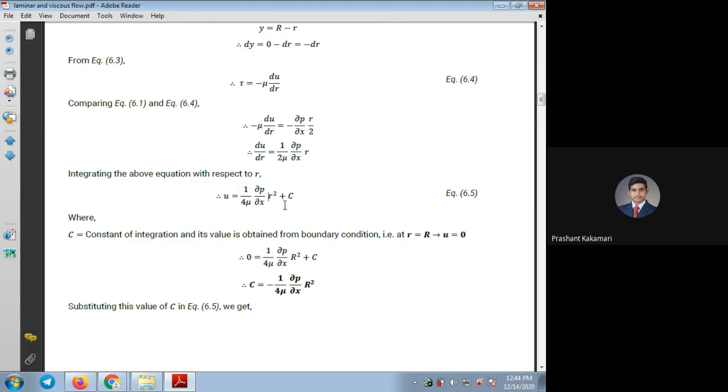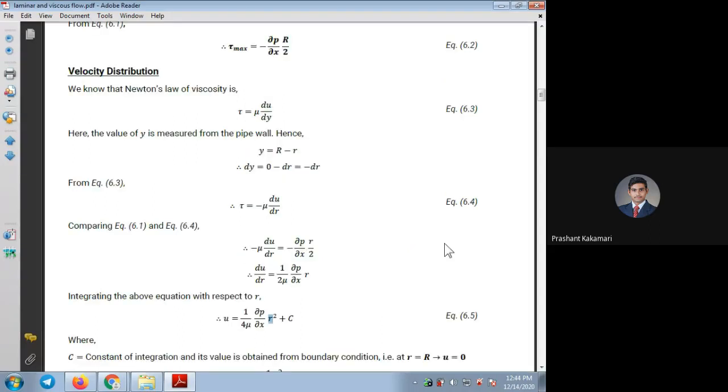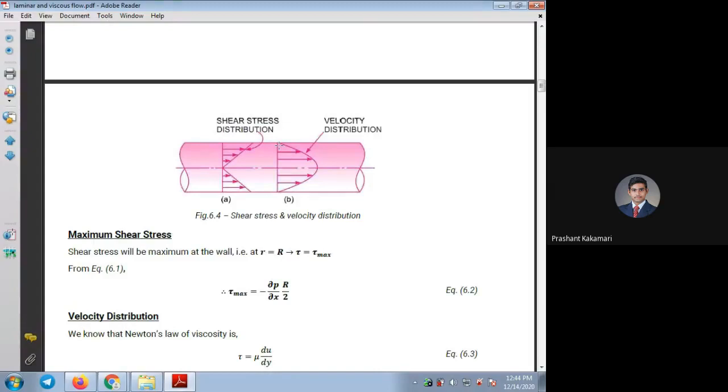Now, to find the constant, I can take this constant on one side and equate all the terms on the other side. Similarly, applying the boundary conditions, if small r is considered as capital R, the full pipe radius, then the velocity at the full R is 0.